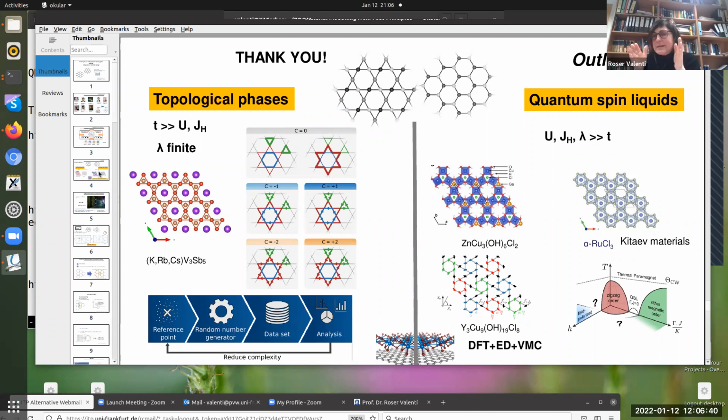So at this level, I didn't include correlations yet. This is the next step we have to do. If you want, one can say that I am still at the level of mean field, in the sense that I didn't include correlations explicitly. I only include kinetic energy, and I included spin orbit coupling. These were the parameters that I was considering. But the next step is indeed to include the correlations.